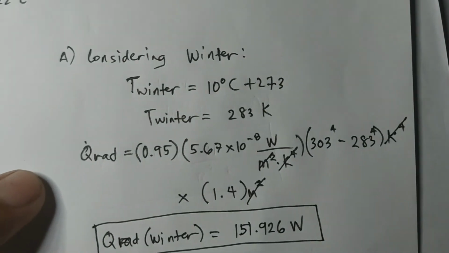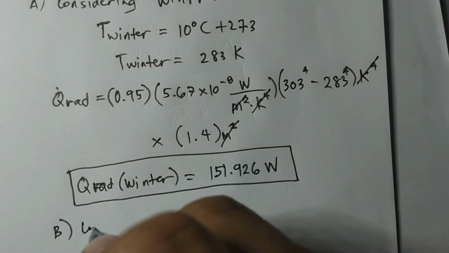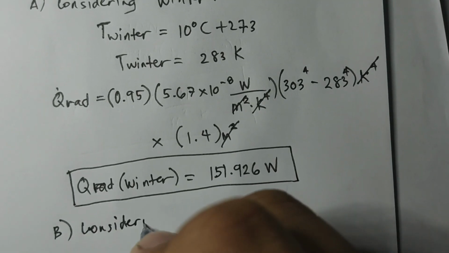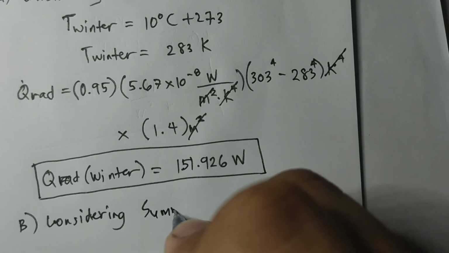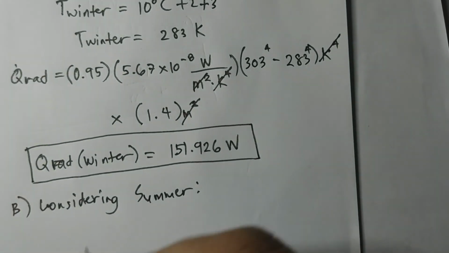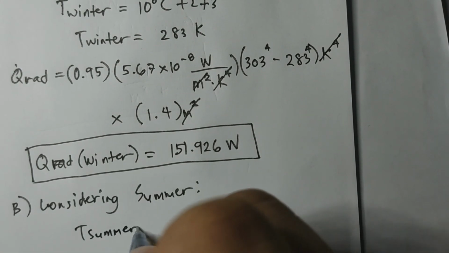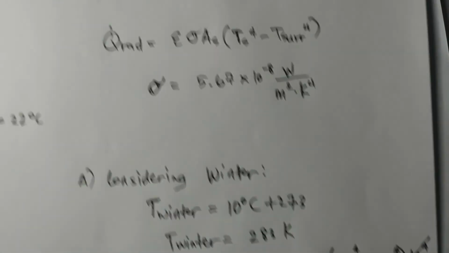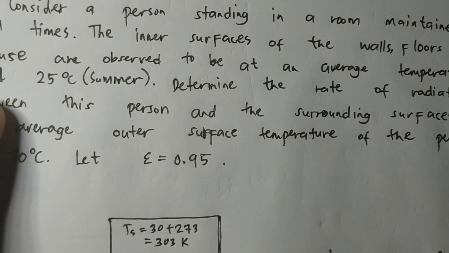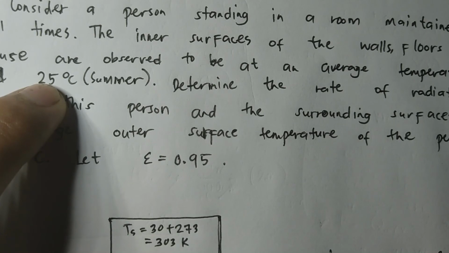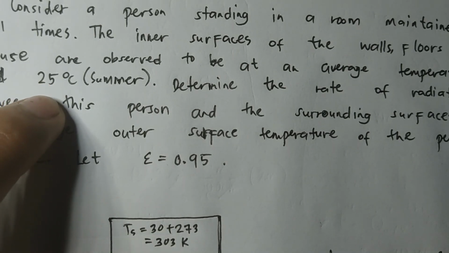So, paano naman ang during summer? So, considering summer, we have also T summer o temperature daw during summer. May binigay dyan. Balikan natin ang problem. May binigay na 25 degrees Celsius. So, naka-arbitrary temperature siya.